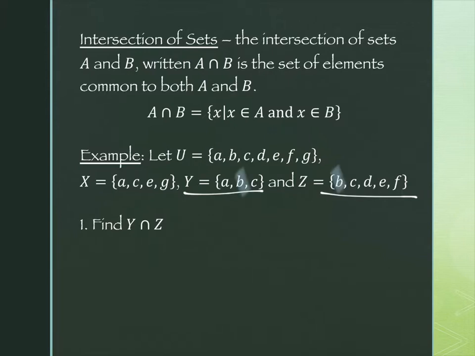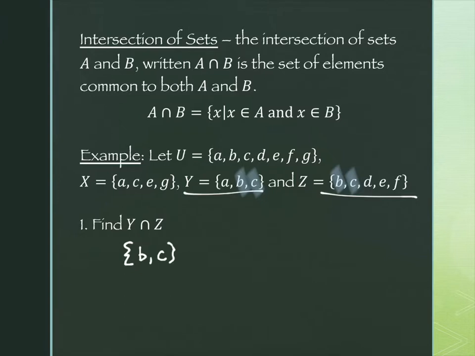B and C. So when I write this out, it's a set, so it will be in curly braces, and it's the set with the elements B and C. Okay, intersection means just like what you've seen it mean your whole life.